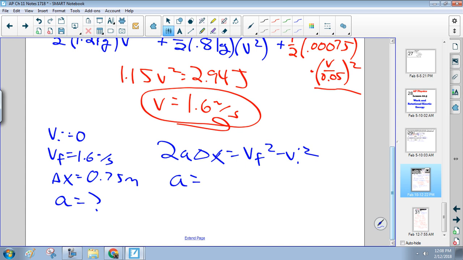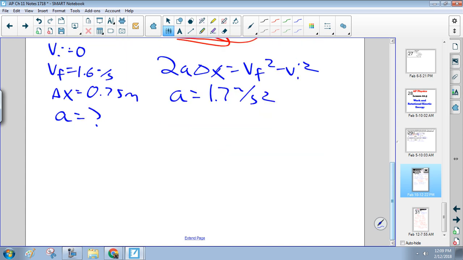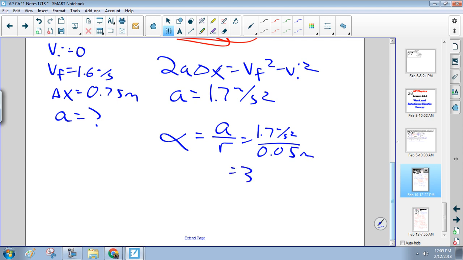You'll find that the acceleration is 1.7 meters per second squared. And now we can simply use a jumper to find your alpha. Alpha is a over r. So 1.7 meters per second squared over 0.05 meters, and it gives you 34 radians per second squared. Okay, so there's part B.